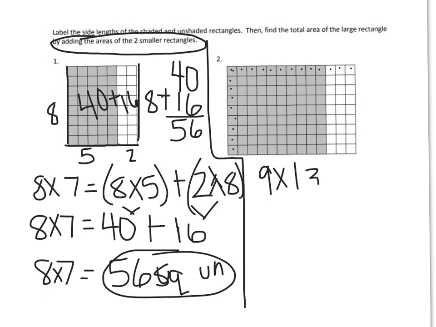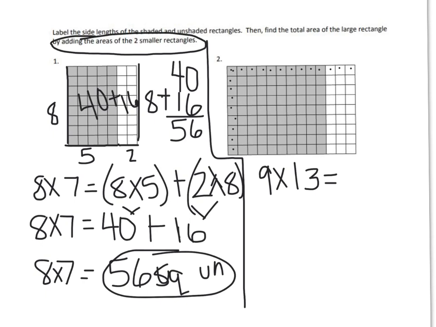Oh my gosh, 9 times 13. I definitely don't know how to do that, right? 13 is a larger number, so we broke it up and we're going to find the area of the shaded rectangle first, and then we're going to find the area of the non-shaded, and then we'll add them together to find the total area. So 9 times 13, so let's find the area of the shaded first.